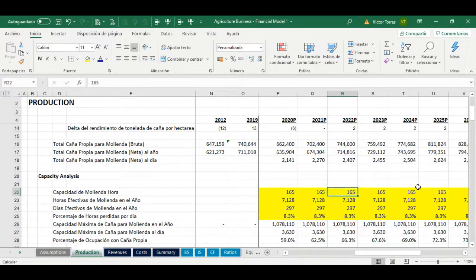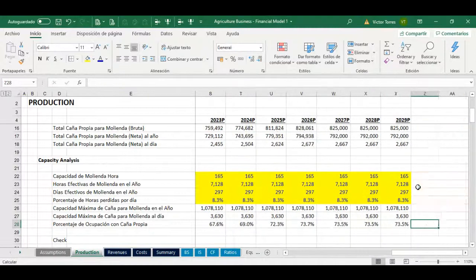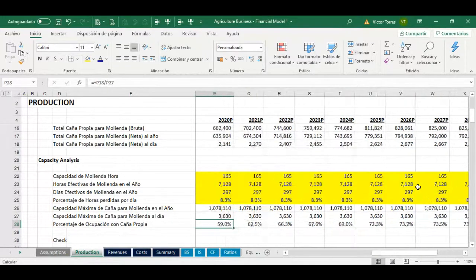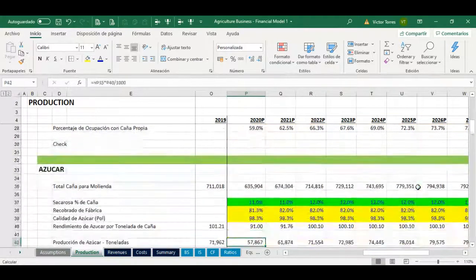Here is estimating how many effective days, how many hours, and what capacity we're going to be getting to grind all this. And it appears obviously that we have been under the 100%, and we are going to be moving through a full capacity of that.